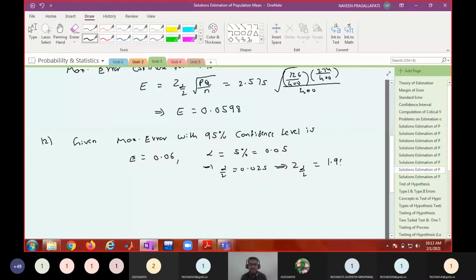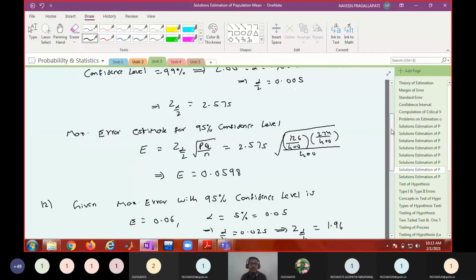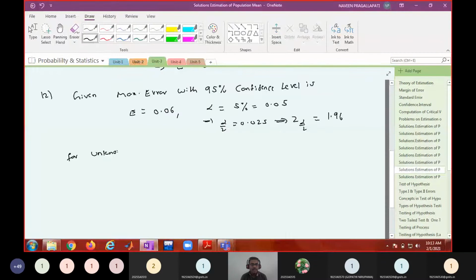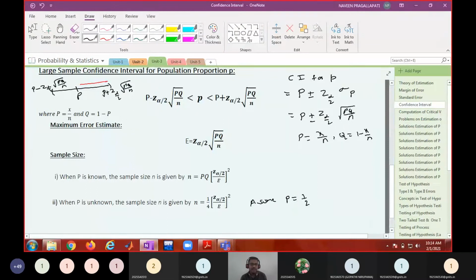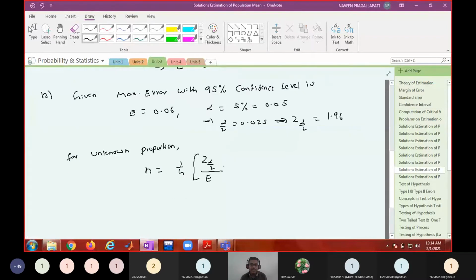Previously you said no? Yes, sir, 1.96. So for an unknown proportion, what is the sample size? N equal to 1 by 4 into Z alpha by 2 divided by E, whole square.